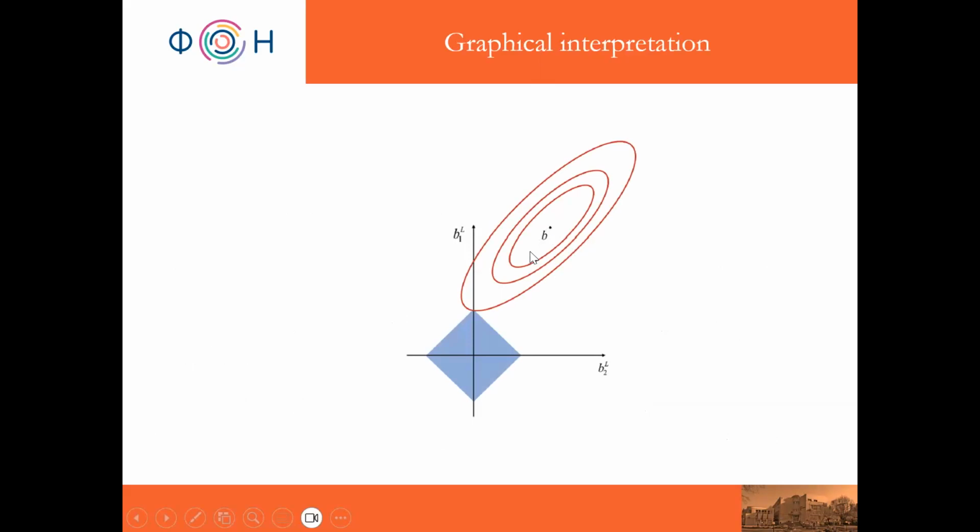We want to reduce the values of our estimates, but here, as we can see, the point where the red line and the blue surface are touching each other is in fact the point where the value of one estimate is going to be 0. So in this point here, the value of estimate B2 is going to be 0, while the estimate of B1 is going to be here.